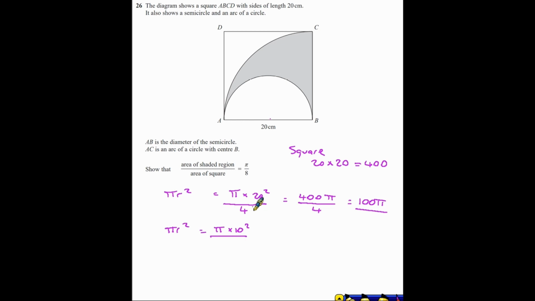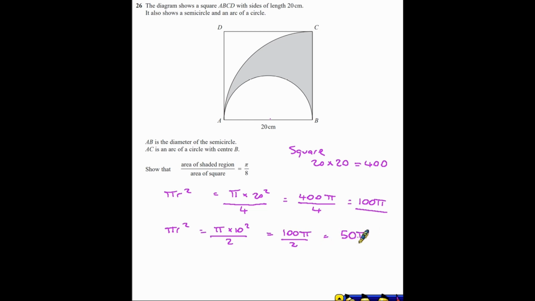Now this time, because it's half a circle, we're going to have to divide that by 2. So we end up with, well, 10 squared is 100 times pi divided by 2. And again, let's simplify that. The area of the smaller circle is 50 times pi.